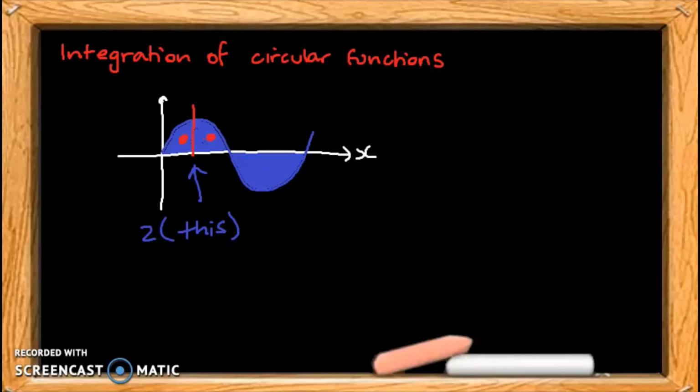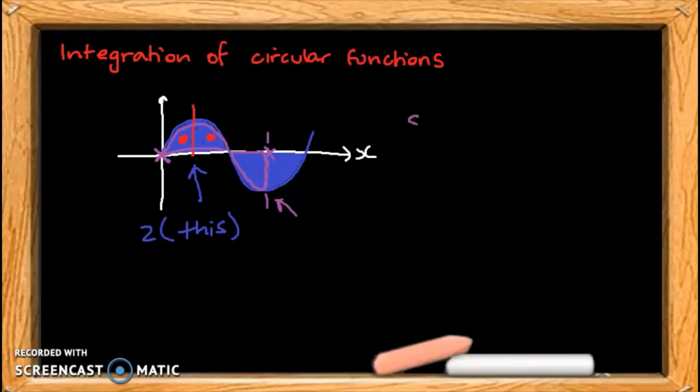So ultimately then, if I'm looking at finding the area between a circular or trigonometric function and the x-axis, and it's from my purple point here, for example, to here, and I know this is 3/4 of a period, then I can calculate this space and multiply it by 1.5.